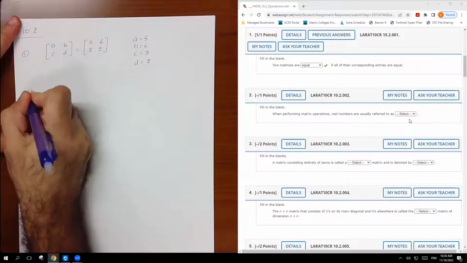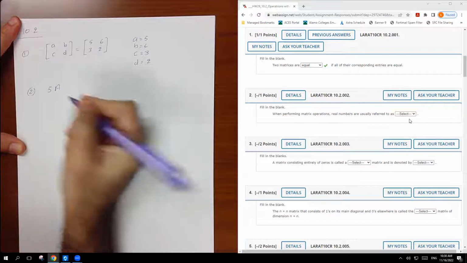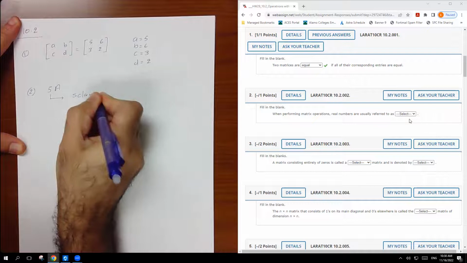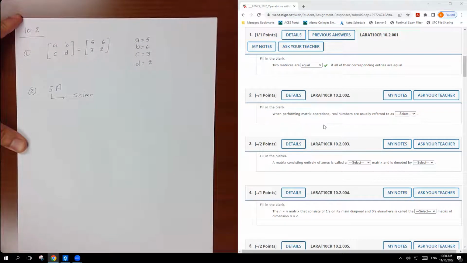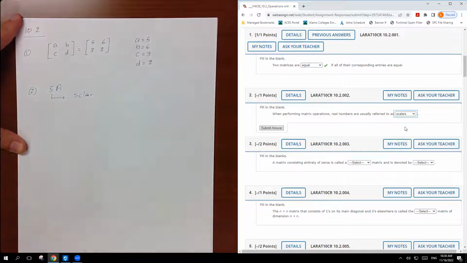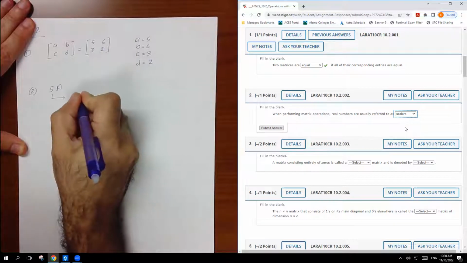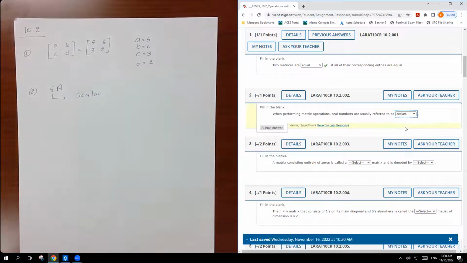For number 2, just an example, if you have 5 and matrix A, this one is called a scalar. This is for number 2.